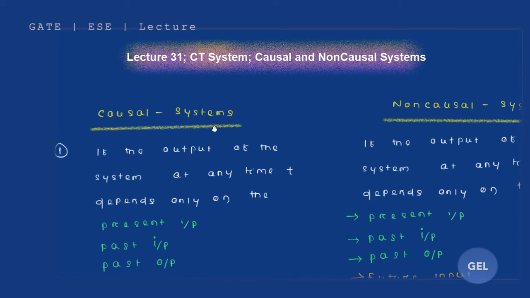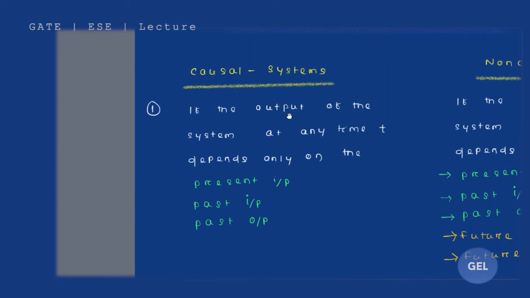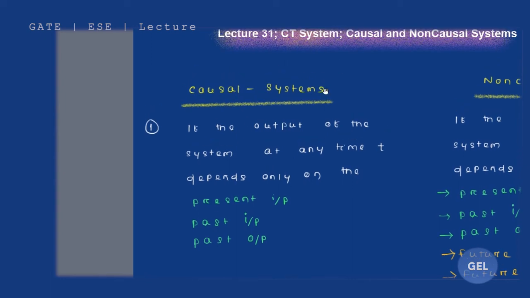Now listen to this carefully. The basic difference between a causal system and a non-causal system is this. A system is something to which I give an input x of t, and in response I get an output y of t.